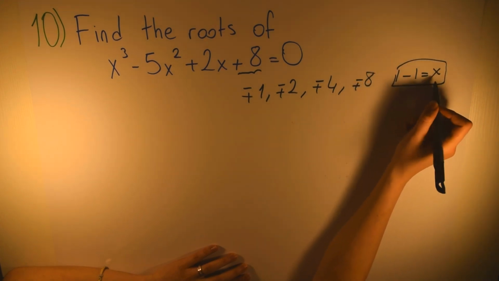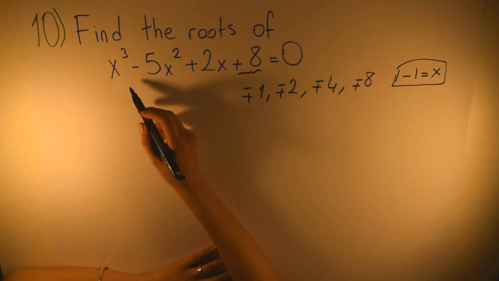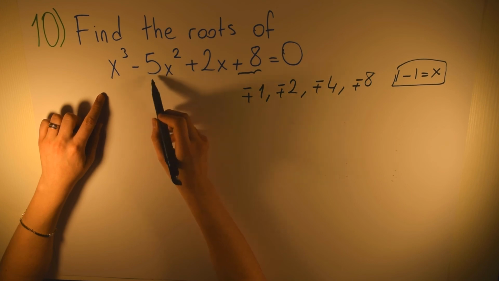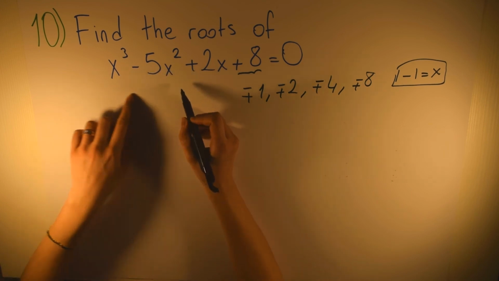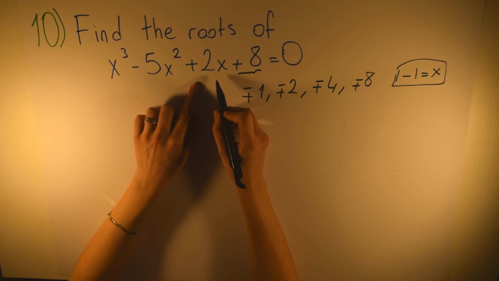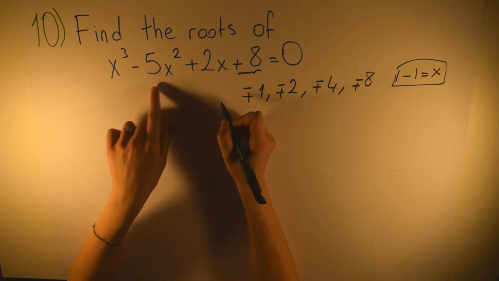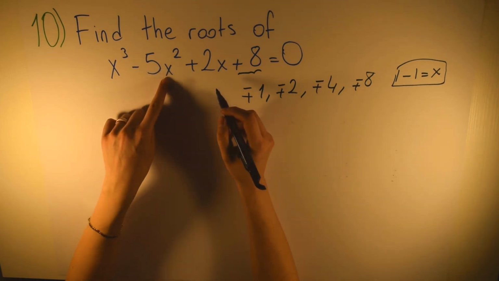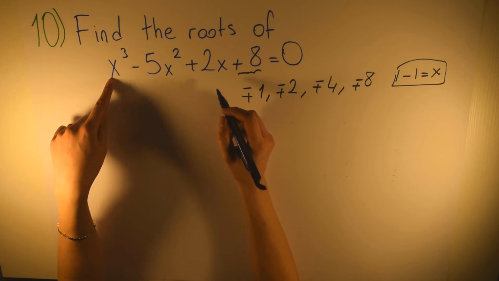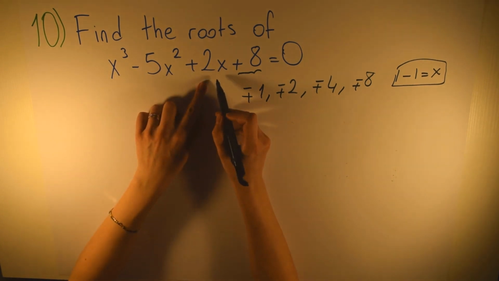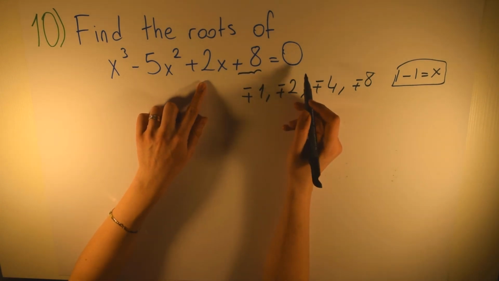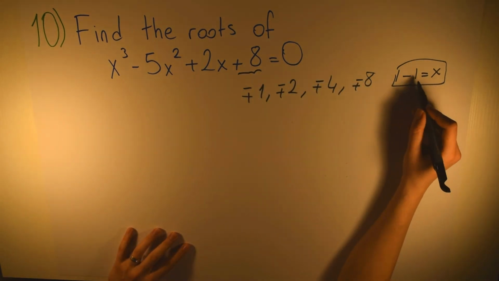So when you put minus 1 instead of x here, let's try: minus 1 cubed is minus 1, this is plus 5, it's minus 4, then minus 5, that is minus 6 in total, and here I will have minus 8 plus 8, which is equal to 0. So minus 1 is one of our roots.